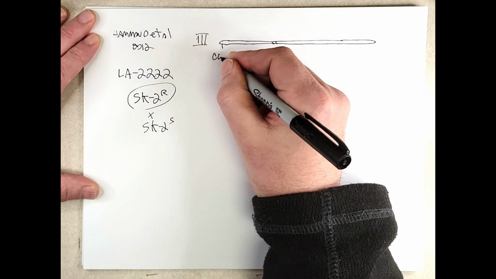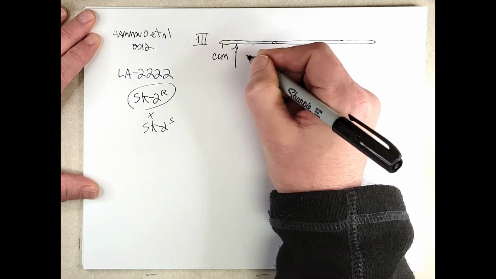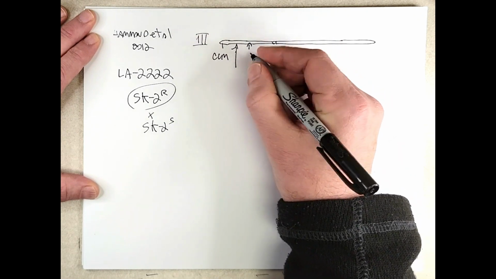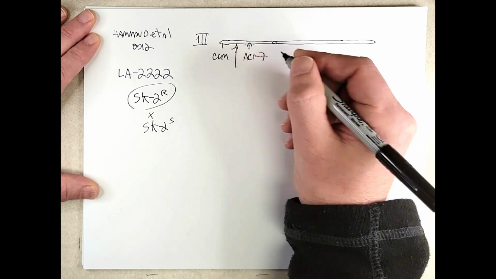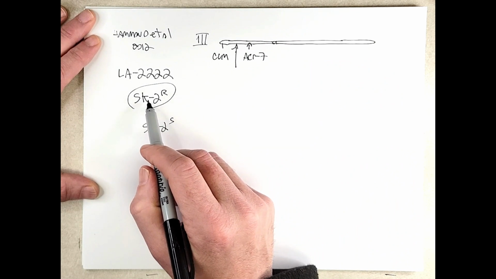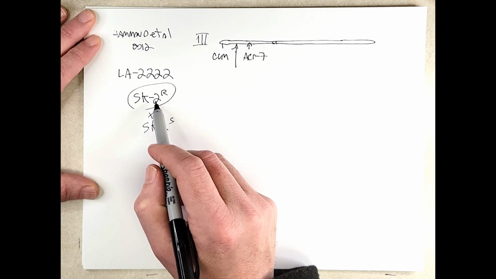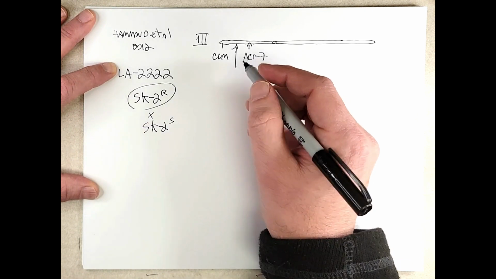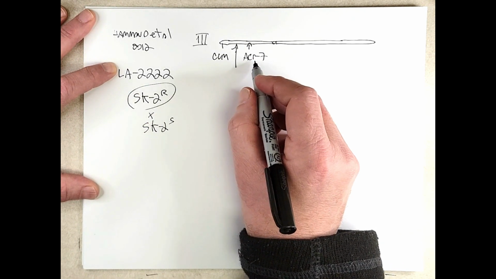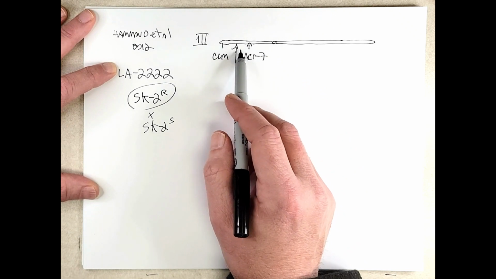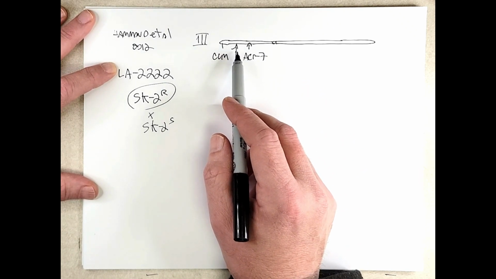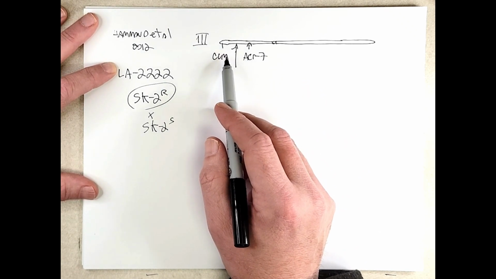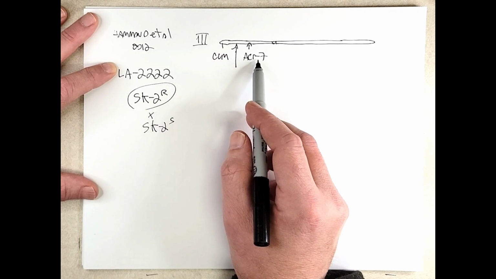And they had shown that the gene that confers resistance to SK2-based spore killing in, let's say, this strain right here, LA2222, is found between Cumulus and ACR7. We don't know exactly what the gene is, the identity of it, the sequence of it, but we know it's somewhere between Cumulus and ACR7.